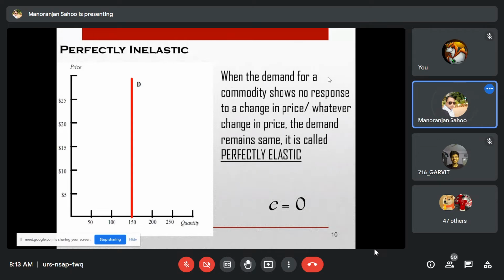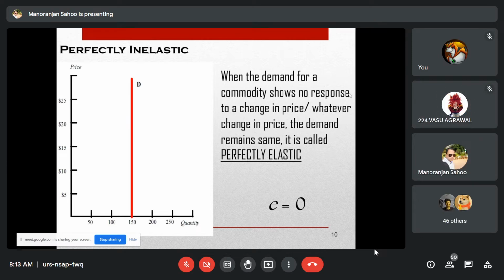Can anybody give any example of perfectly inelastic demand? Perfectly inelastic means demand is not changing with change in the price. Suppose the price is increasing, but your quantity demanded is not affected.